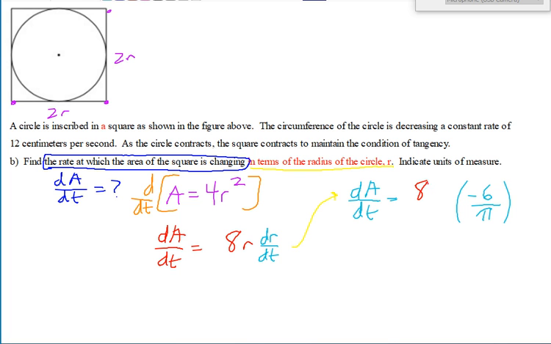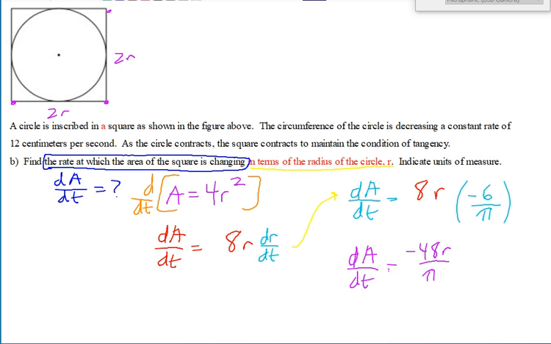So just be careful, I accidentally wrote down the wrong area formula. I was finding the rate of change of the area of the circle, and it said the area of the square. All right, so now we can multiply the 8r times negative 6 over pi to get dA/dt is negative 48r over pi.